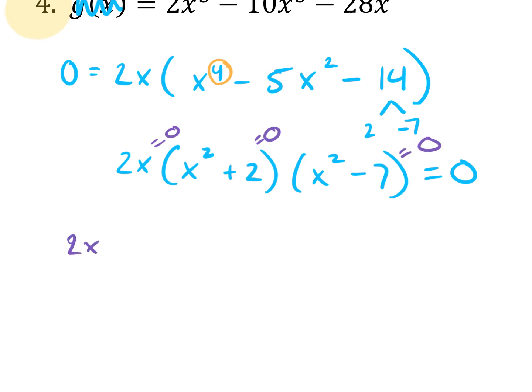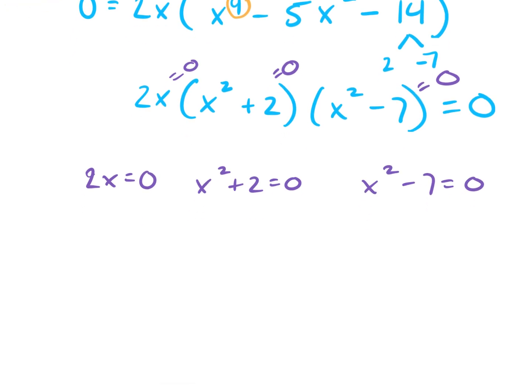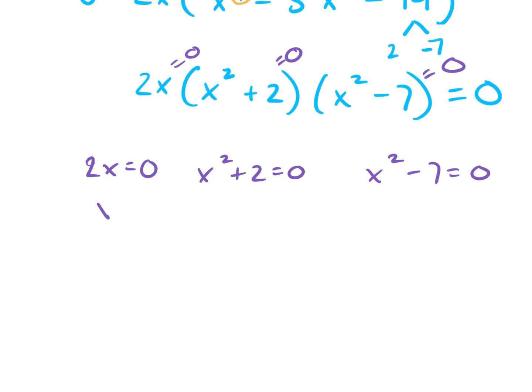So 2x equals 0, x squared plus 2 equals 0, x squared minus 7 equals 0. So x equals 0. For the next one, I'd subtract 2 on both sides. So x squared equals negative 2. Take the square root. So what would x equal?